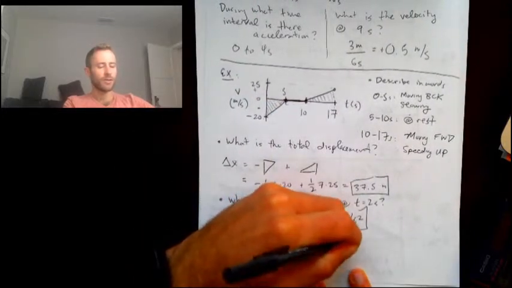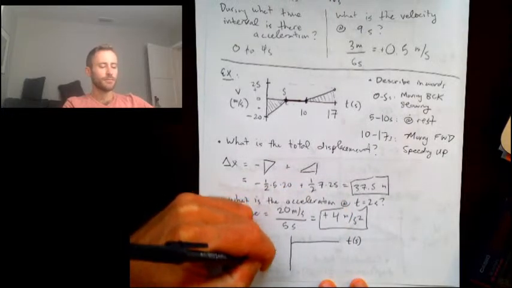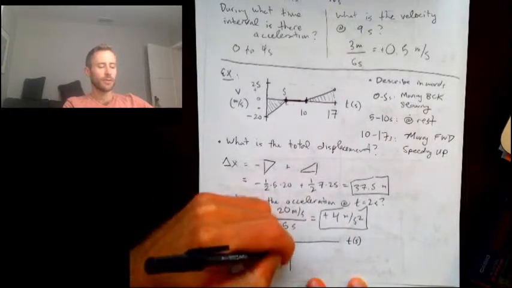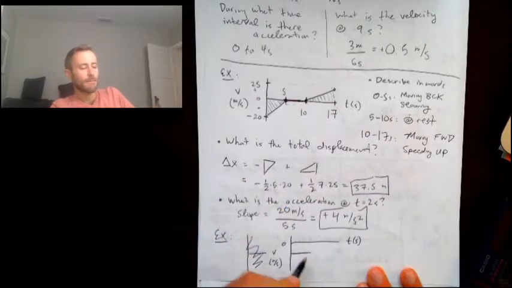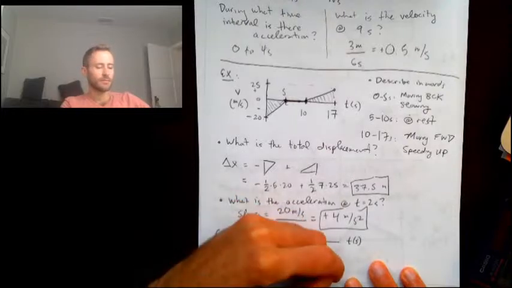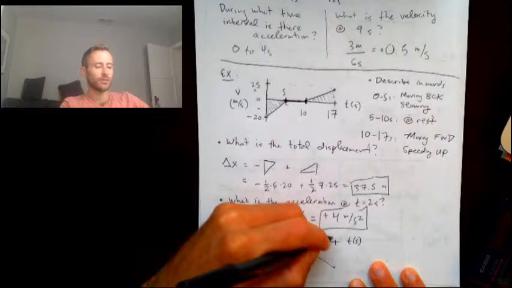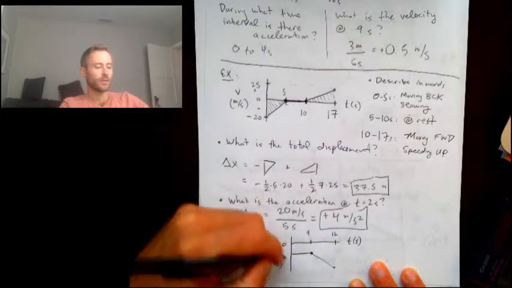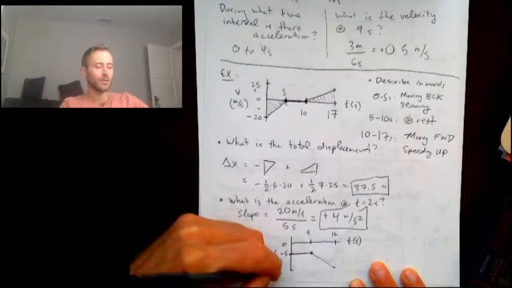So here is the graph. It looks like this. So here's 0, and it does this. So here is 4 seconds. Here is 12 seconds. This value is -5. This value is -12.